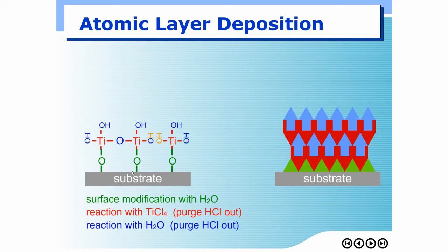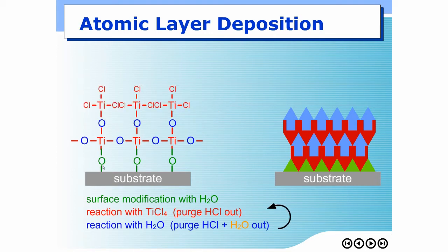Okay, so as long as you condense this water out, you form oxygen bridge, and eventually you get titanium oxygen titanium bonding like this. After that, if you change the precursor back from water to titanium tetrachloride, everywhere that we have hydroxyl groups, just like when we modify the surface, will be replaced by chlorine, titanium chloride groups, like so.